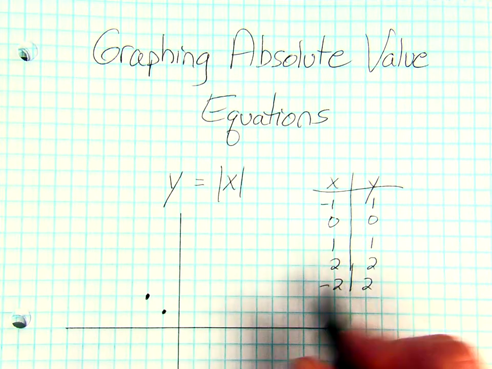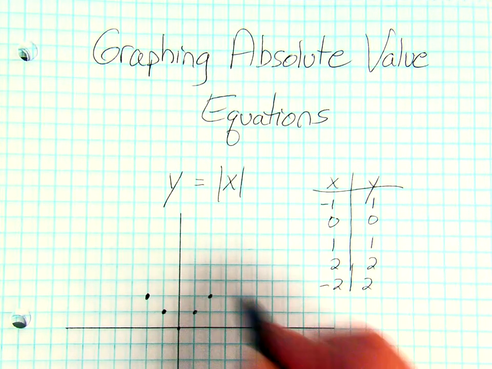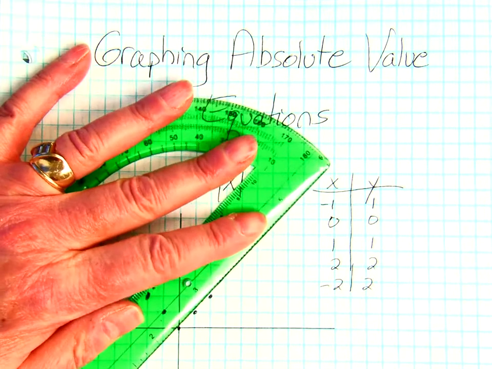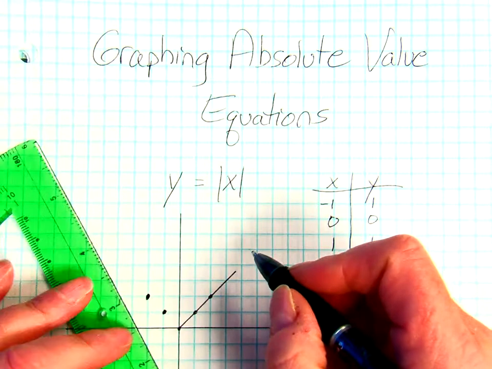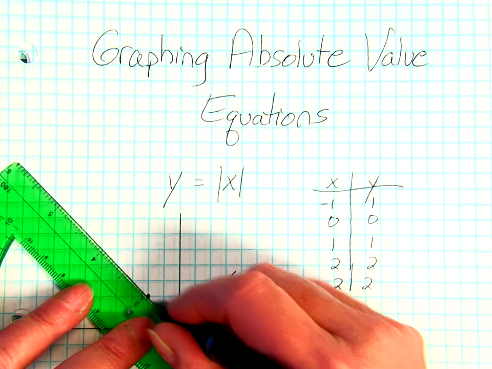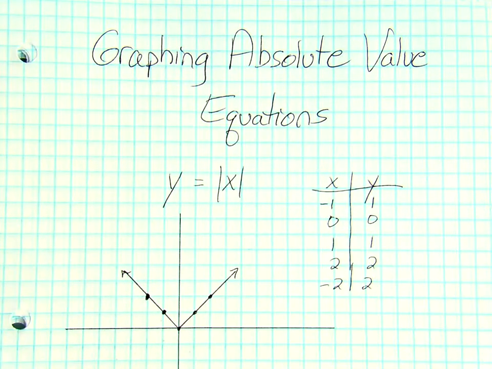We've got 0, 0 here. We've got 1, 1, and 2, 2. So, as we have seen before, the graph of this is the V shape.